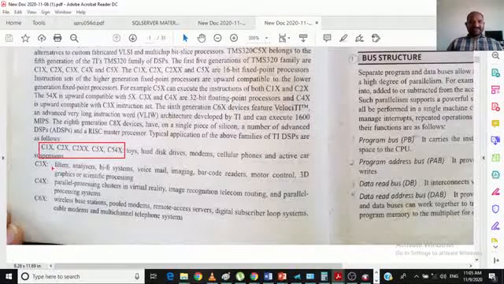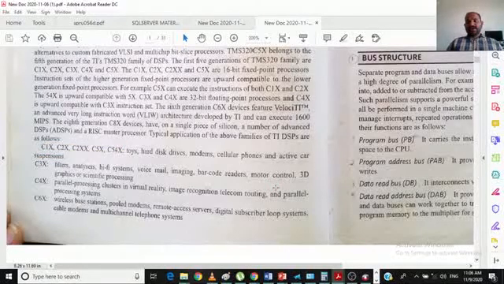And C 3X, 5X, and 6X all come under floating point arithmetic operations. These are the different applications of each and every series coming from the TMS 320 family.